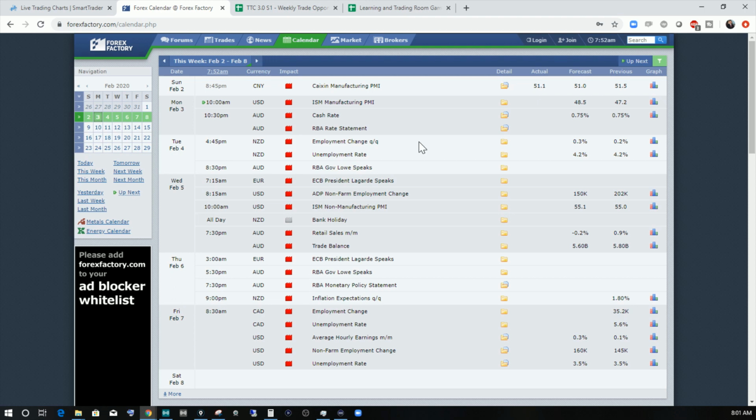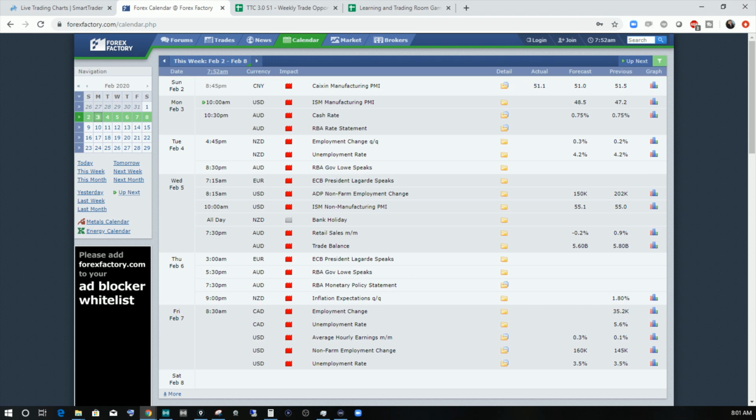As you can see right here, the ADP numbers are coming out on Wednesday, and then on Friday, Friday's a big number. Non-farm payroll is expected to show 160,000 new jobs created. What is important to look at is the average earnings.